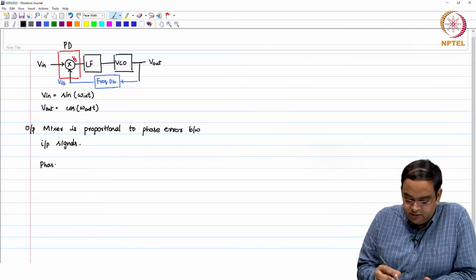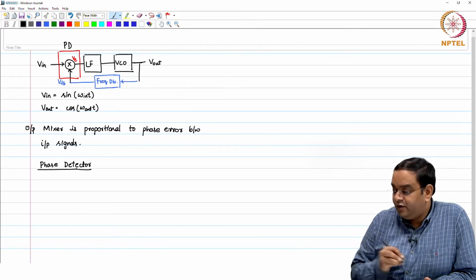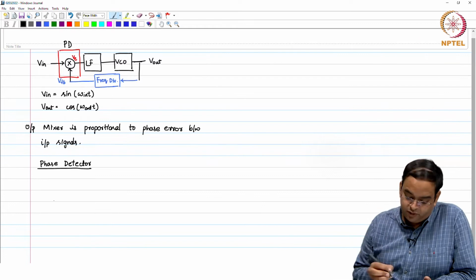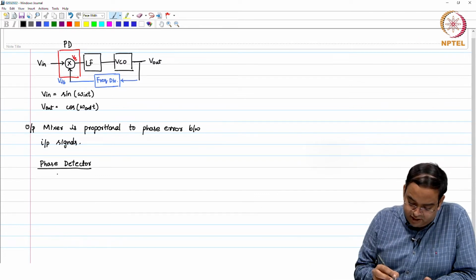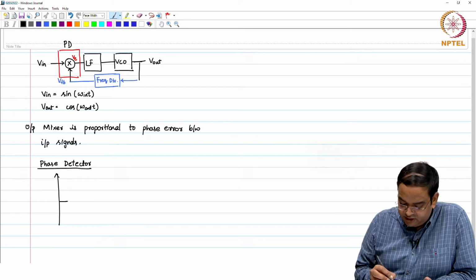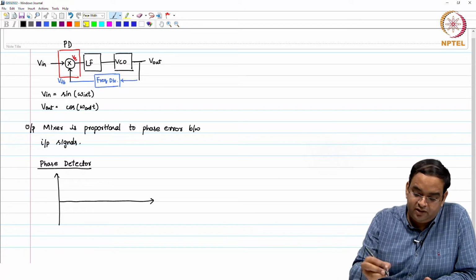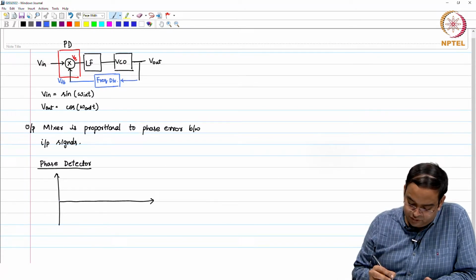So, in this session we are going to learn about different kinds of phase detectors. To begin with, let me first draw the signals which we have been using and what the sinusoidal phase error detector was doing so far.